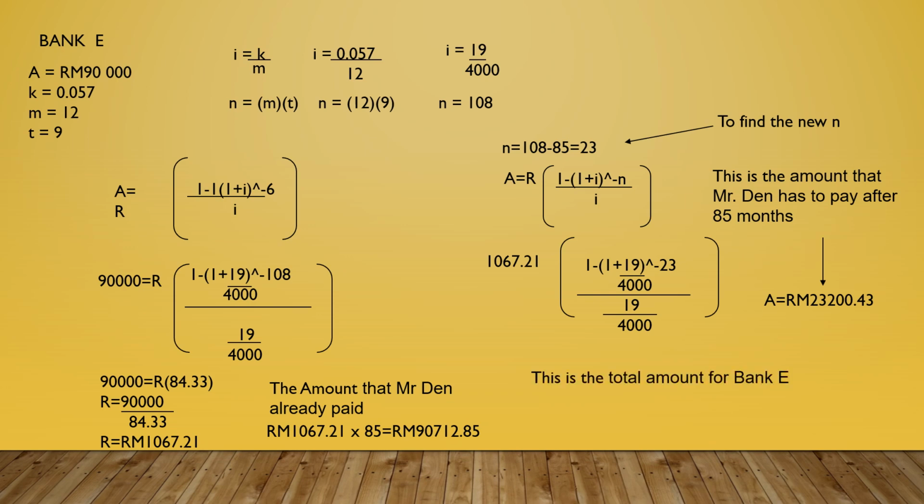Then we calculate the total for the car in Bank E: we just add the amount that Mr. Dan already paid and the amount that he needs to pay. So the total for Bank E is 113,913 ringgit 28 cents.